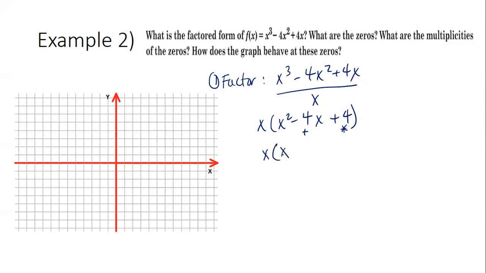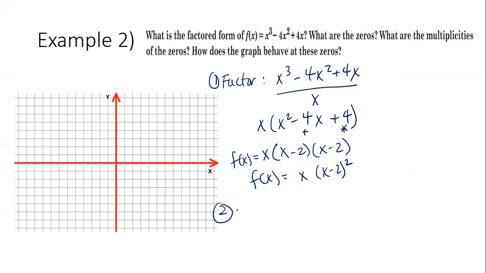It's negative 2 and negative 2, right? So I can condense this down to f of x equals x times x minus 2 squared.